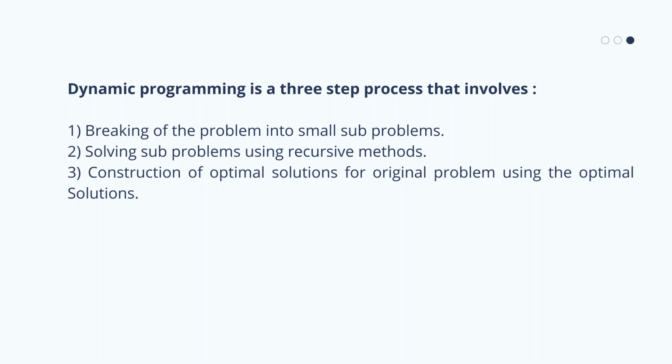Dynamic programming is a three-step process that involves: first, breaking of problem into small sub-problems. Second, solving sub-problems using recursive methods. Third, construction of optimal solutions for original problem using the optimal solutions.